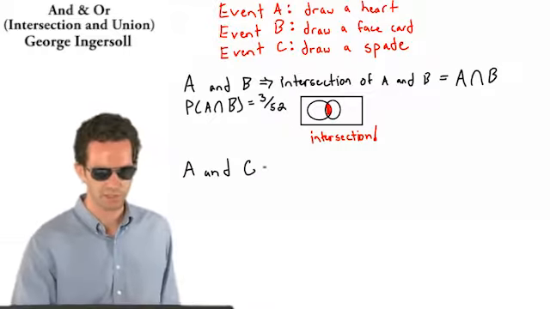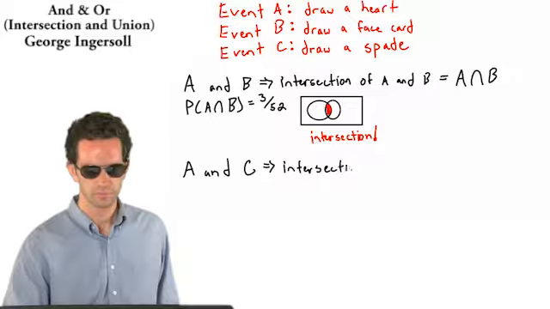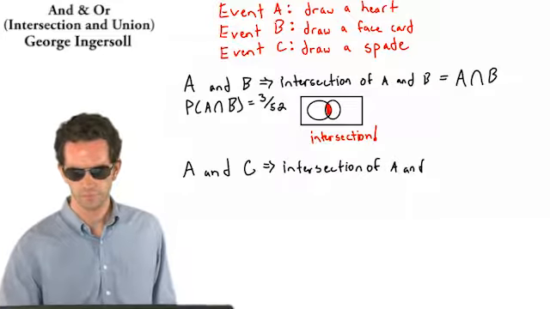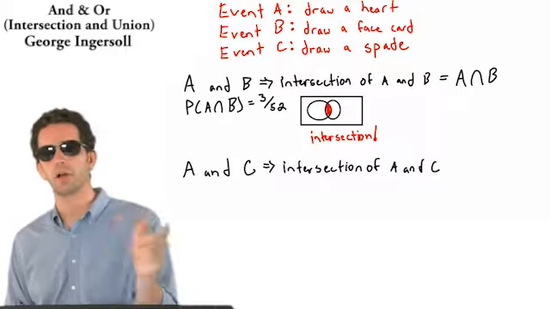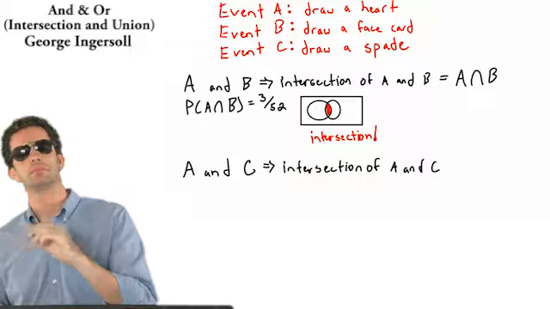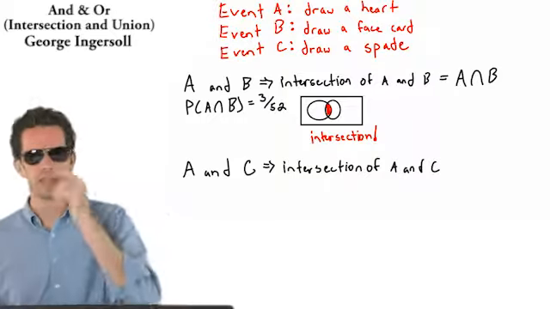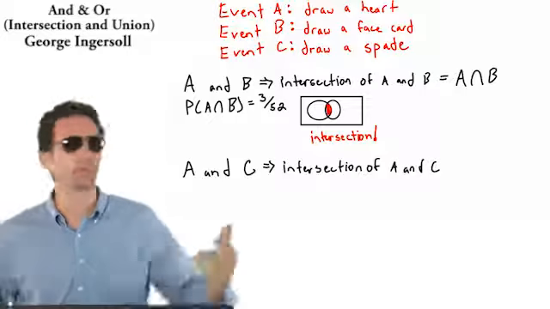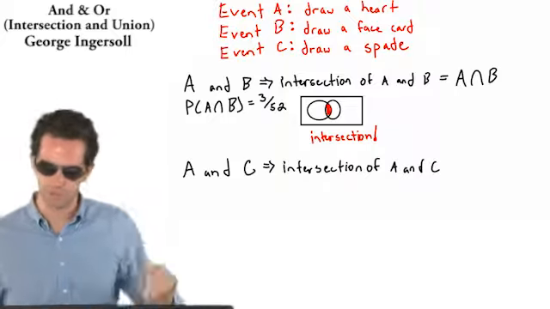Well, obviously it means the intersection of A and C. And in real world terms, that means you have to draw a card that is both a heart and a spade. And that doesn't work. You can't draw a card that is both a heart and a spade. A card is either a heart or a spade or a club or a diamond. No card can be both, and we're not talking about jokers here, so don't even think that.